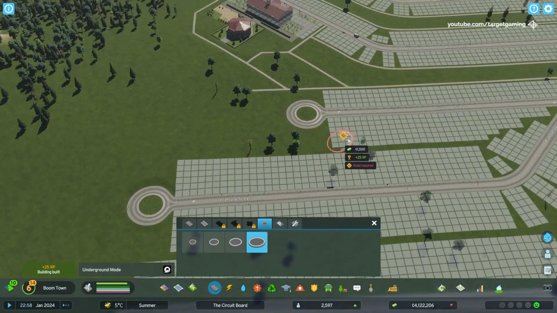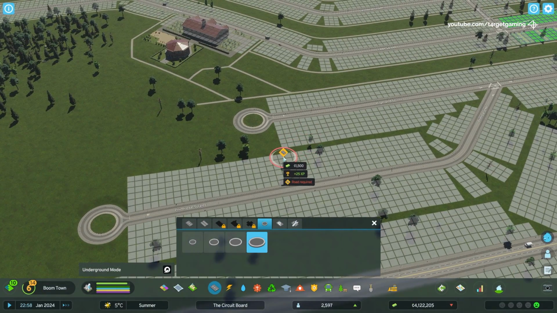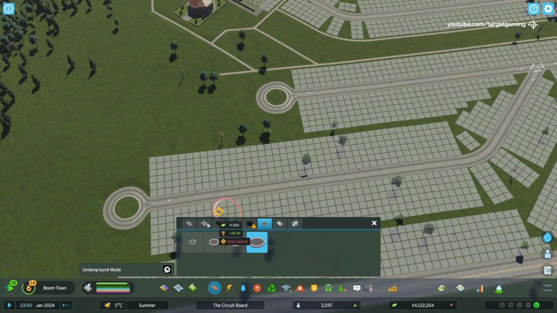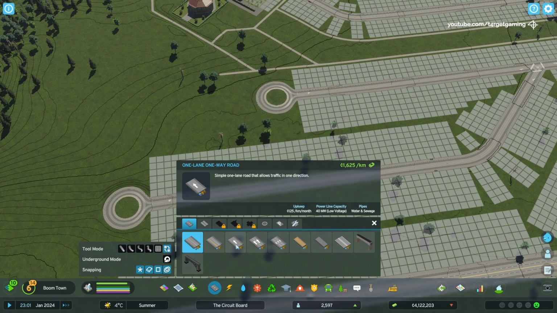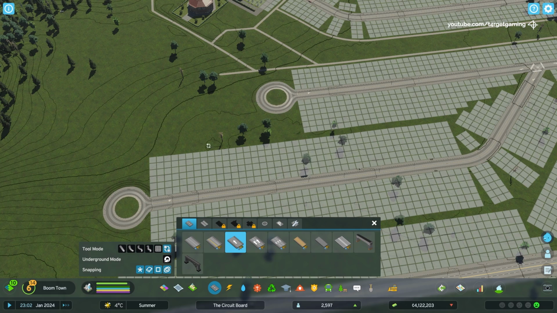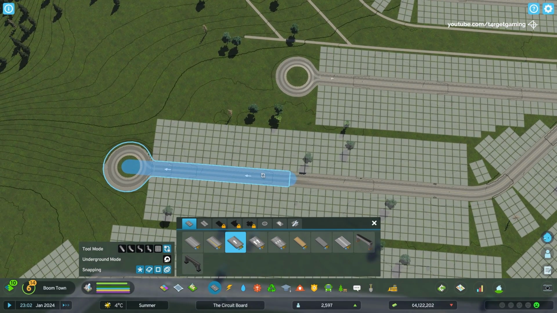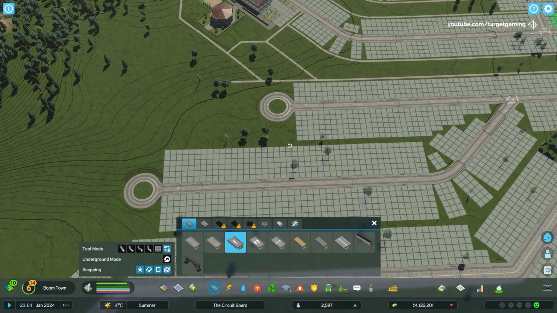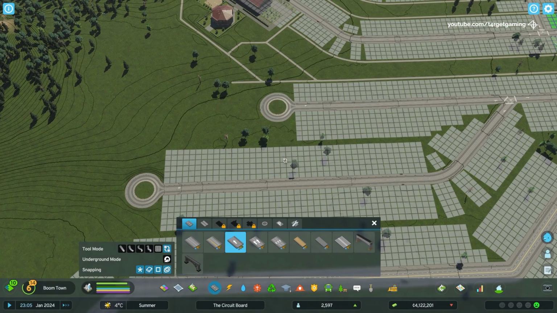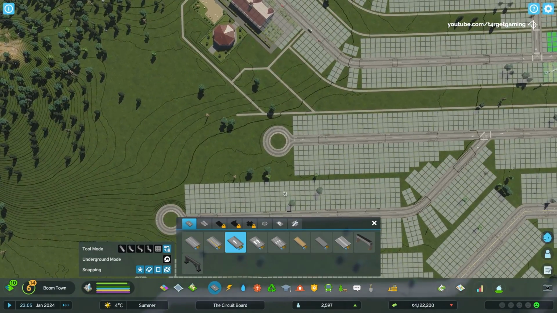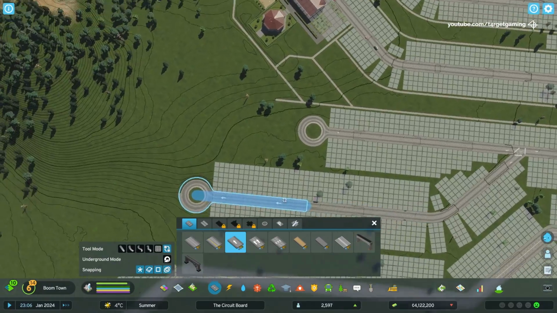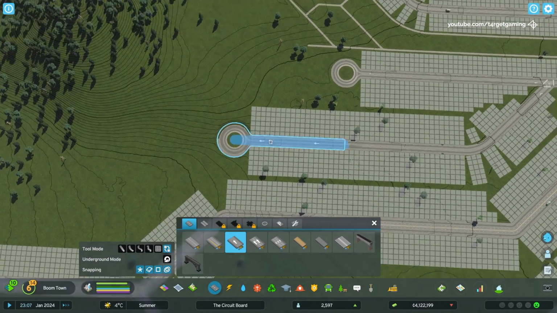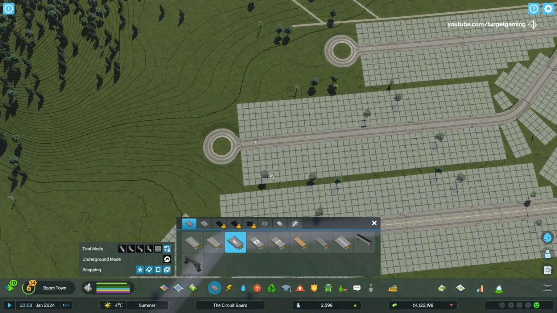Now it could be better, instead of placing an automatic roundabout, to build my own roundabouts with a one-lane, one-way road and make a circle. The benefit of doing that is that you would have zoning space on the roundabout itself. I actually tried that in my first video, but it didn't work. I didn't like the way it looked, so I think I'm gonna keep this particular strategy that I've been using.